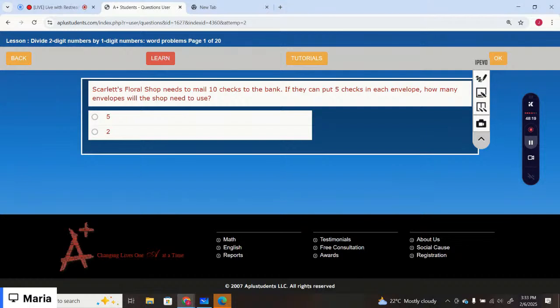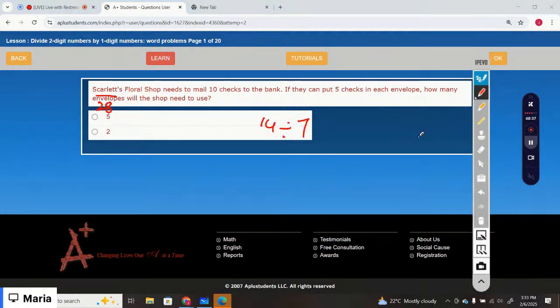Scarlett's floral shop needs to mail 10 checks to the bank. If they can put 5 checks in each envelope, how many envelopes will the shop need to use? This is the division sign, but you can represent the division also by this sign.